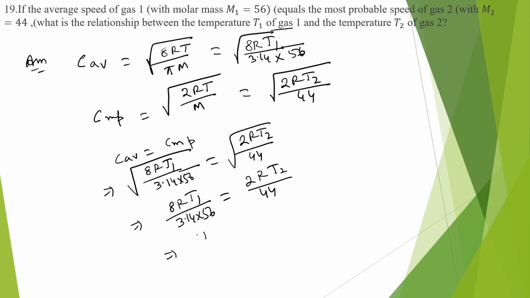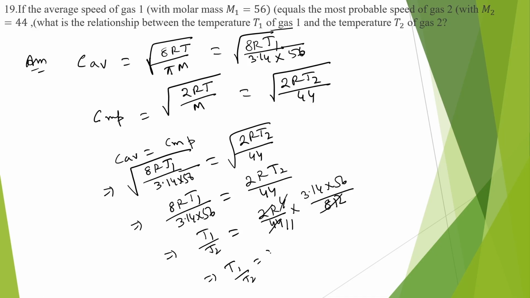So, we get T1 by T2 is 2R by 44 times 3.14 times 56 by 8R. So this gives you 4, 11. Now we can calculate T1 to T2, it is 3.14 times 56 by 11. No, this is wrong actually.